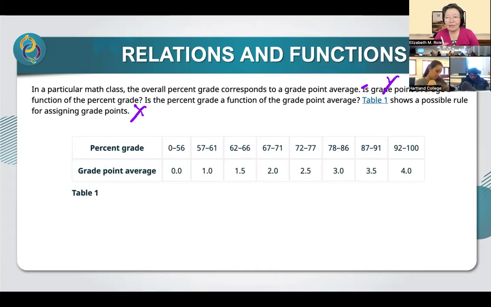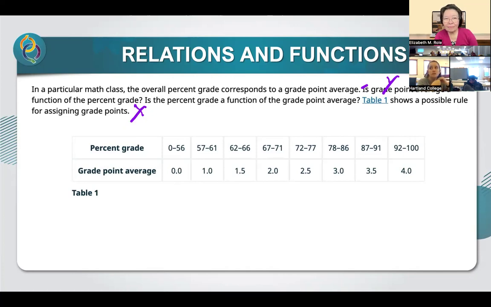So my question is, if the input is percent and the output is grade point average, is that a function?